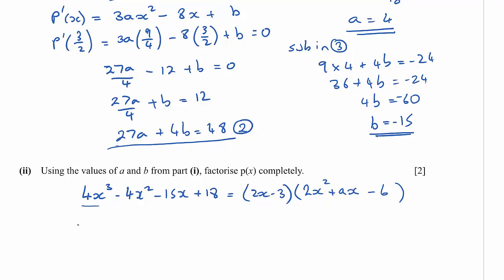But we could look maybe at the coefficients of x squared. Now what will give us an x squared from here? So we know we've got negative 4x squared on this side. And so that would give me a negative 6x squared from there. And we'll get plus 2ax squared from there.